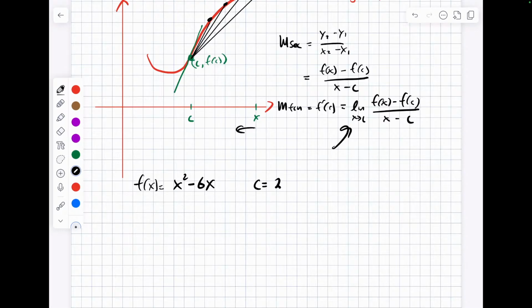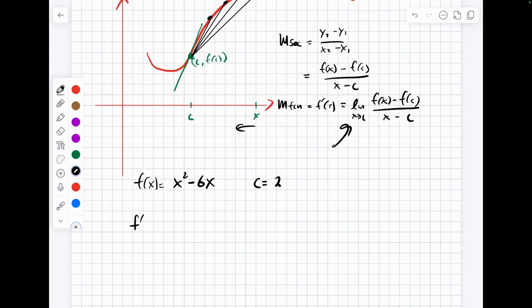So let's say we want to find the slope at 2. The way to denote that is f prime of 2. Is that okay? It's the limit as x approaches 2 of x squared minus 6x, that's f of x, minus f of 2.